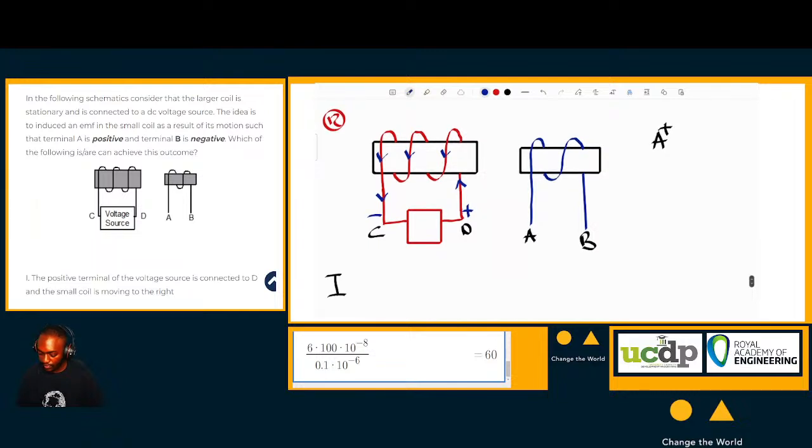To the left, sir. To the left. Okay. Are you sure you used your right hand grip? Make sure that the solenoid should be in your palm, inside your hand, and your four fingers should align in that direction of flow of current.